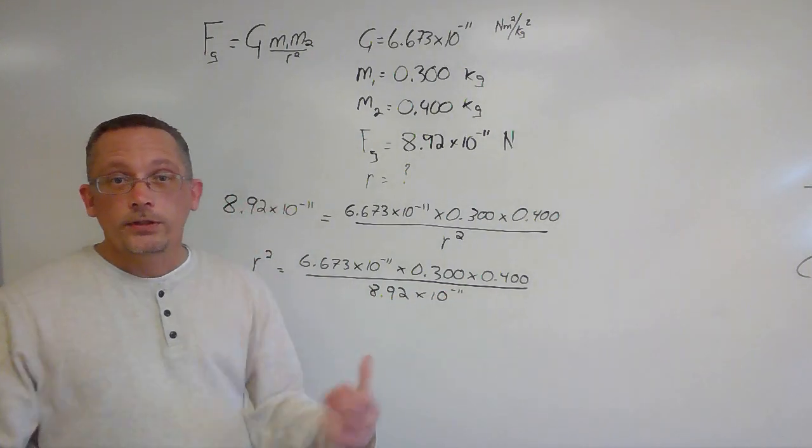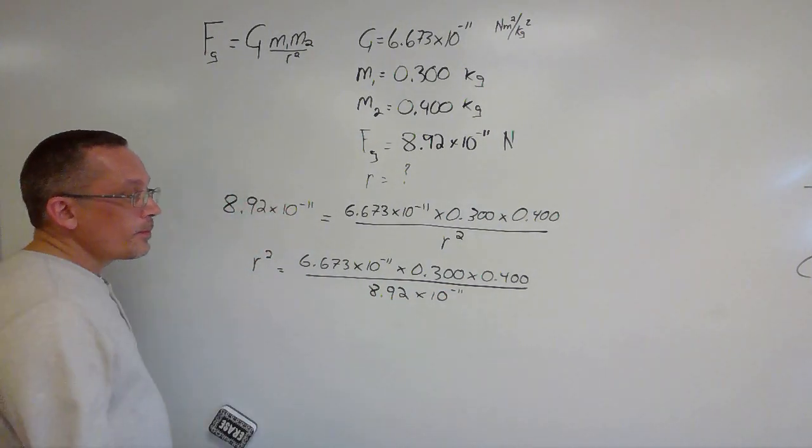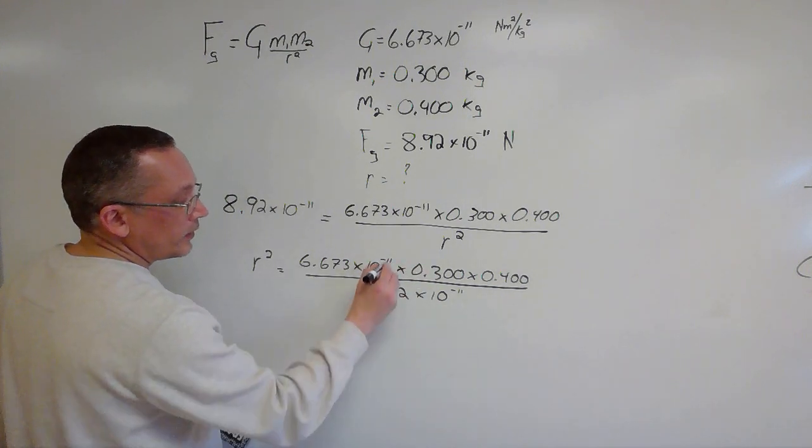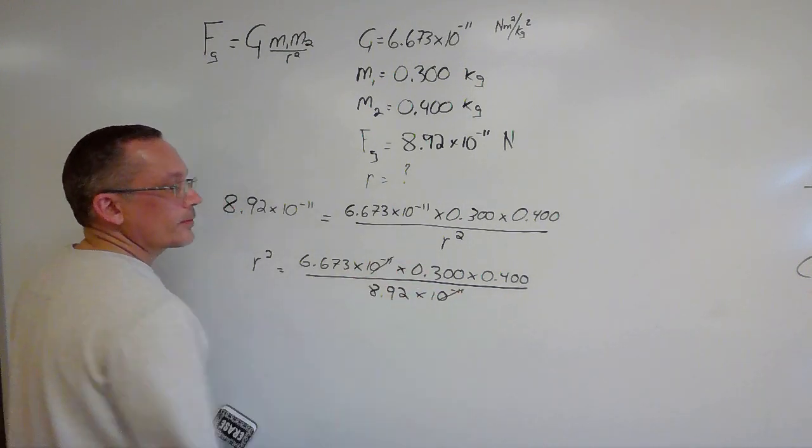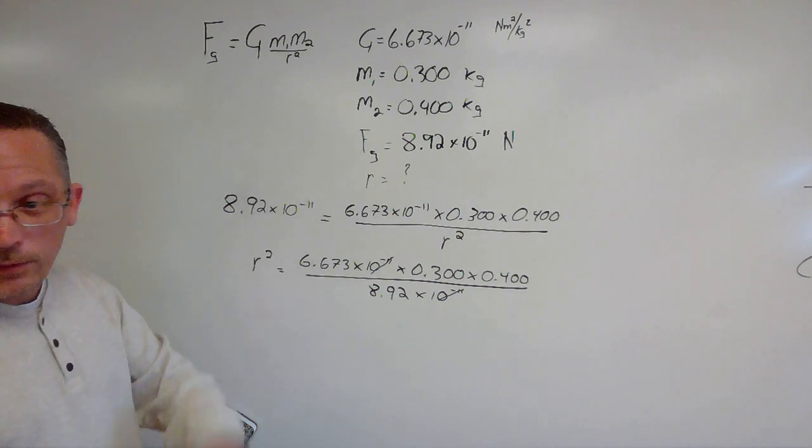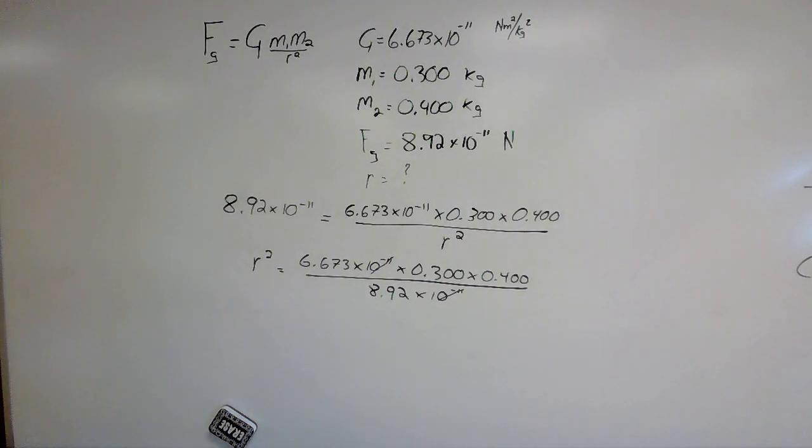Now, you could at this point just plug all that into a calculator and be just fine. I am going to cancel these 10 to the minus 11ths because they're the same. And then I'm going to punch all that into a calculator.